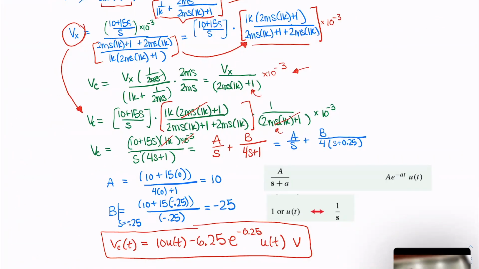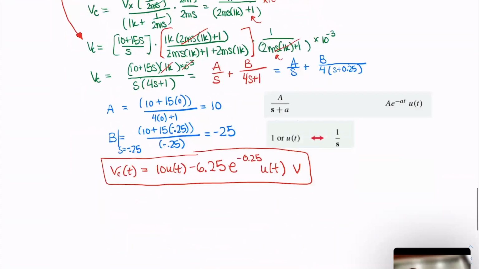From here, I needed to do partial fraction expansion. So A over S plus B over 4S plus 1. For A, I evaluate it at 0, forgot to write that.